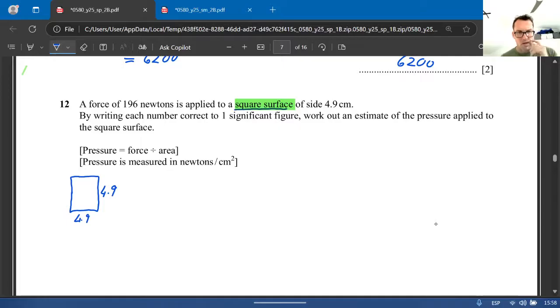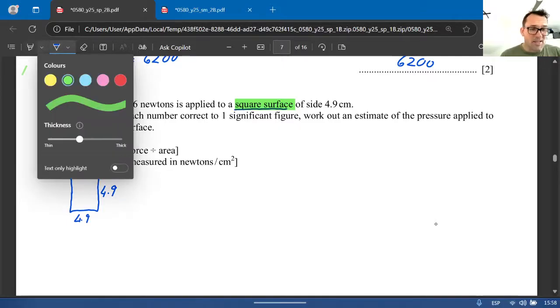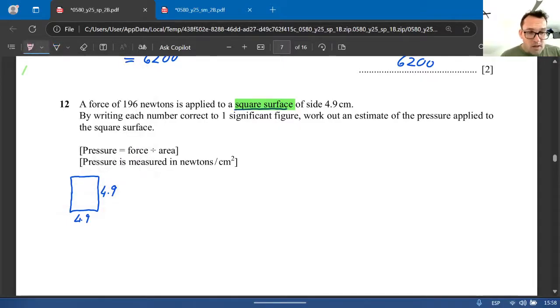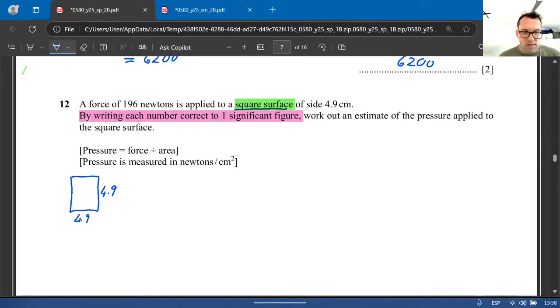Good, okay. By writing each number correct to one significant figure. Read your questions carefully. They tell us we need to write each number to one significant figure. That means 196.